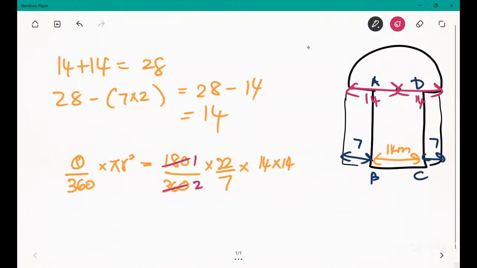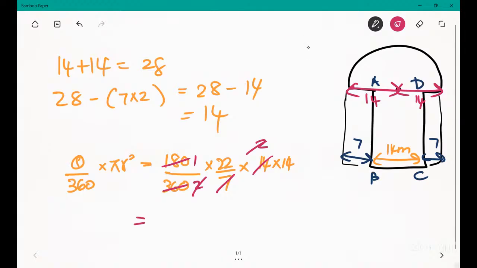When you divide 180 by 360, you get half. And then here you can simplify 7 by 14, you'll get 2 here. Then you can simplify this. For your final answer, you'll have to multiply 22 by 14, so here you'll get 308.